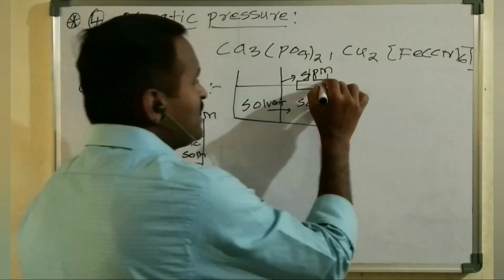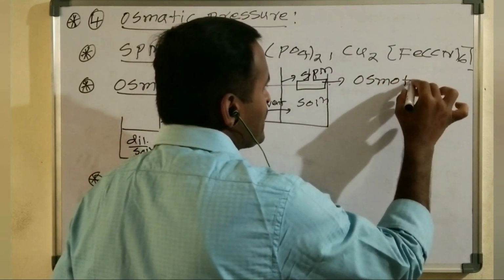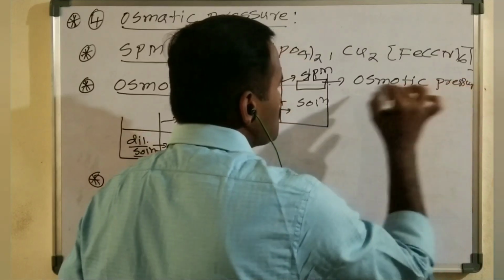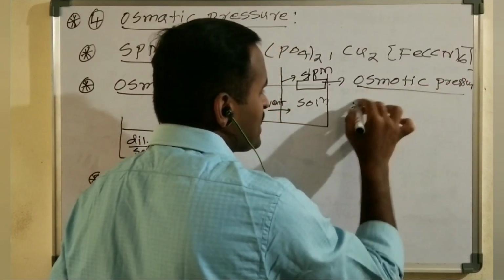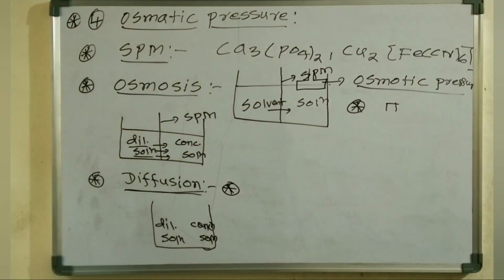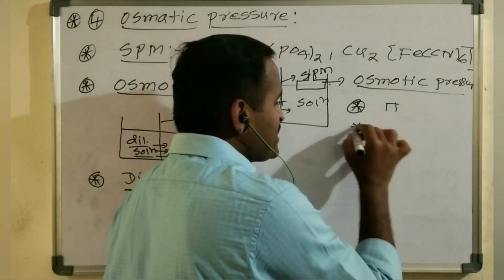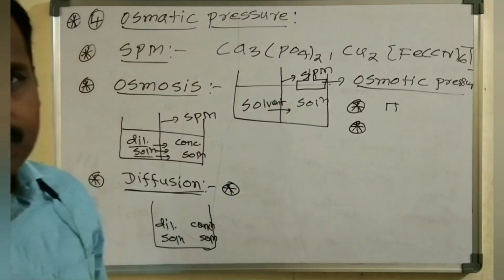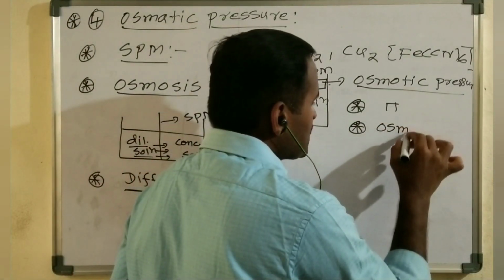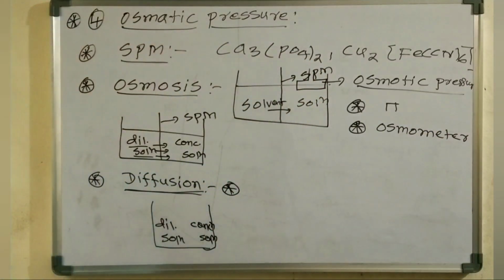It is represented by the symbol pi, and it can be measured by using an osmometer, right?